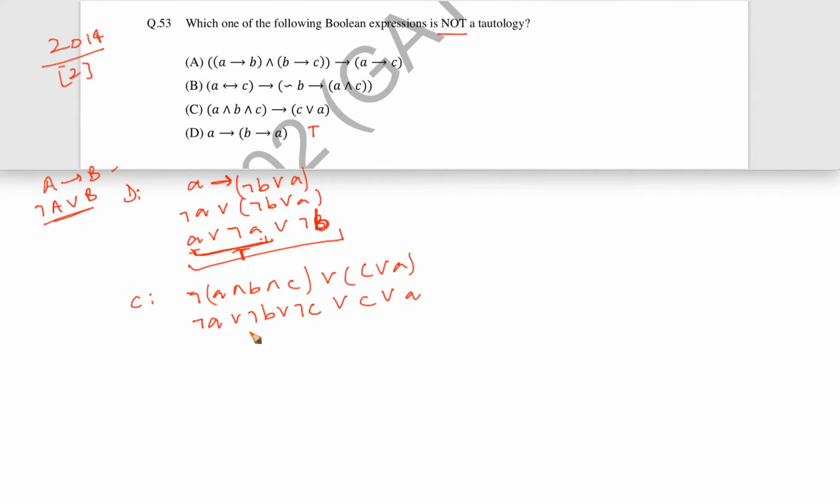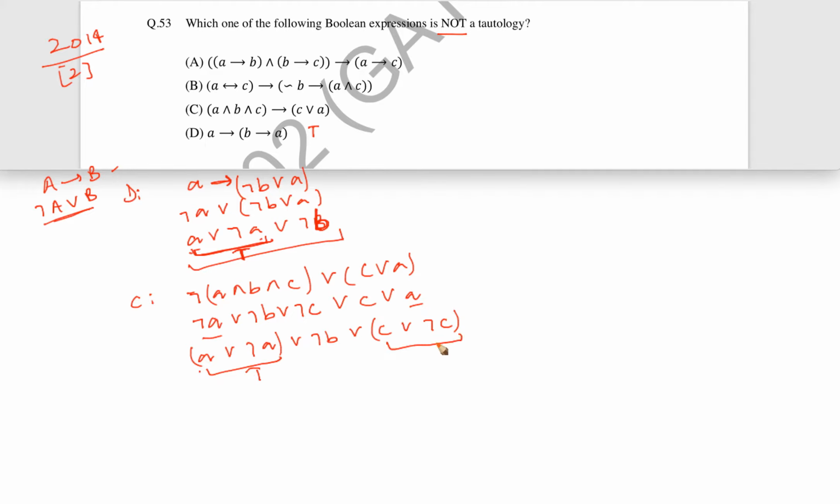Okay, and now we can group them together. It can be written as A or not A, and then not B, and then C or not C. Why have I grouped like this? Because A or not A, as I said, will always be true.